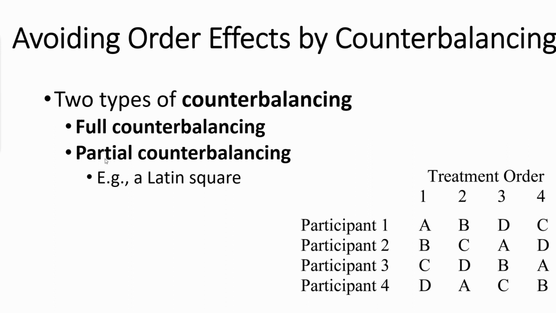And so partial counterbalancing is great when you have lots and lots of possible orders of exposure. So partial counterbalancing, as you might expect, would be when you're only exposing them to a subset of the possible condition orders. An example of this would be maybe you would present your 100 stimuli in randomized order.